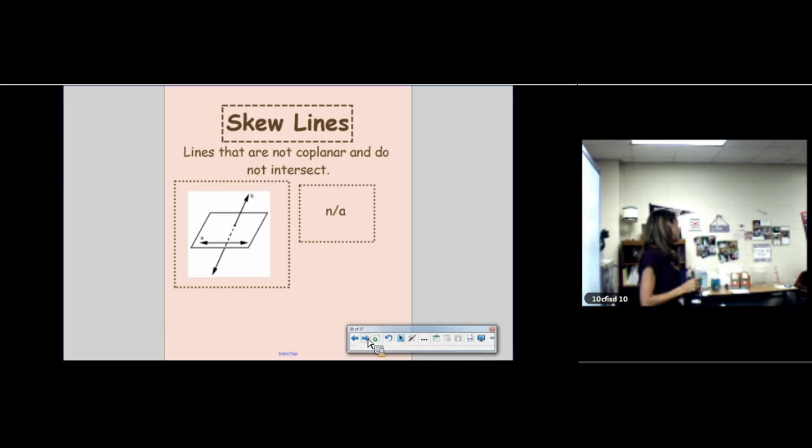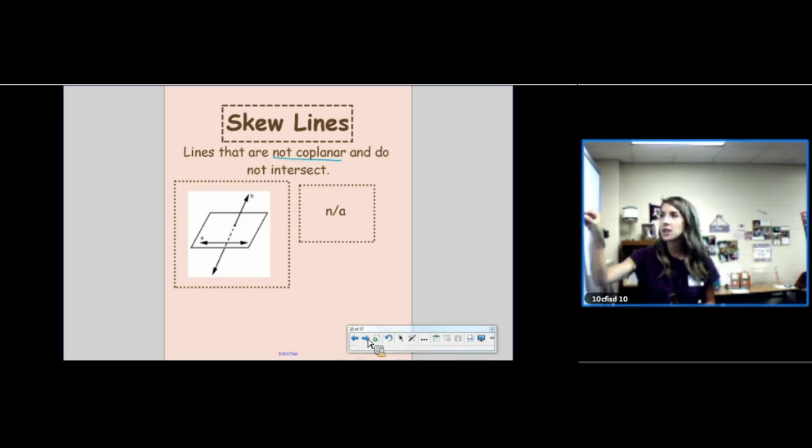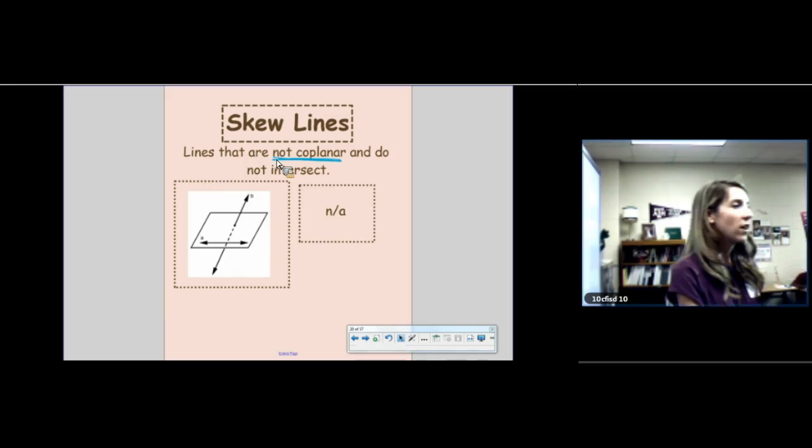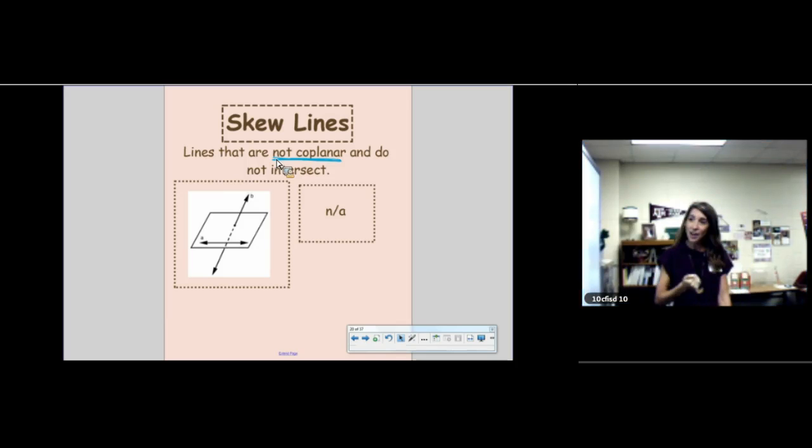Skew lines. This might be new. Parallel, you've heard before, but you might not have heard skew. Skew lines are lines that are not coplanar and do not intersect. The only word that's different between parallel and skew is the word not. Parallel lines are coplanar lines that do not intersect.